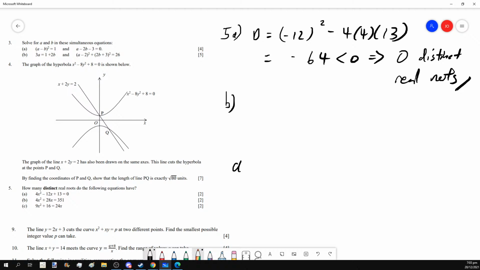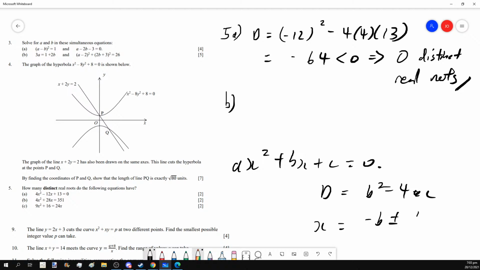Right, as a reminder, if you have ax squared plus bx plus c equal to 0, the quadratic equation, your discriminant will be b squared minus 4ac. In other words, the portion that receives the square root inside the quadratic formula.